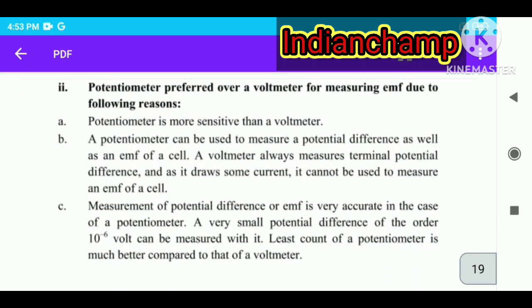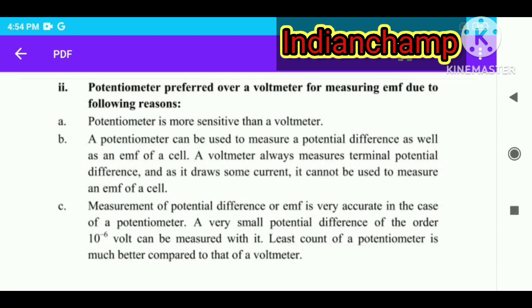Second, the potentiometer is preferred over a voltmeter for measuring EMF due to the following reasons. A. A potentiometer is more sensitive than a voltmeter. B. A potentiometer can be used to measure a potential difference as well as the EMF of a cell.